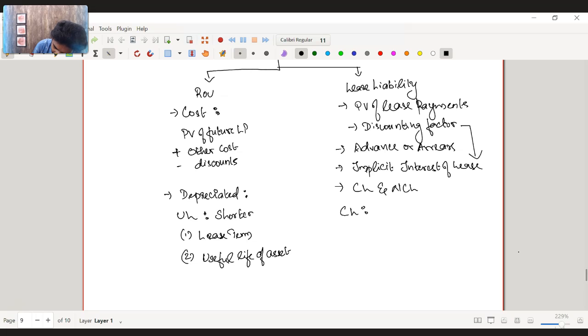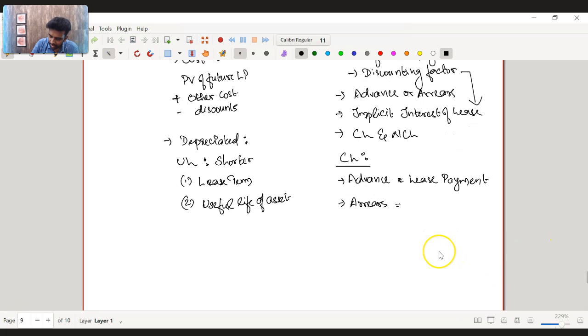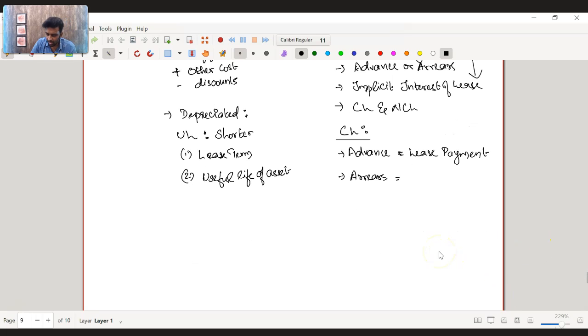If it is advance, then your current liability will be equal to the actual lease payment that you're going to make immediately. If you're paying in arrears, then you have to calculate the current liability.